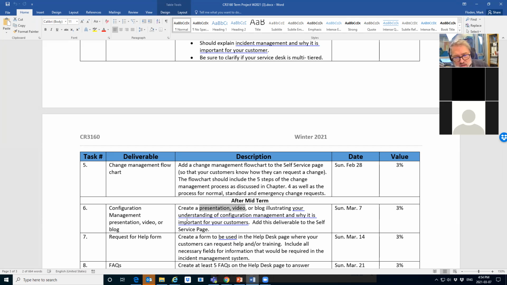And then you should include something about how configuration management is related to change management and to problem management. All of those things, we did talk about them, but they are also easily available online. I know you do a lot of your research online. It doesn't have to be a big thing, but that's what you should be looking at doing to finish.